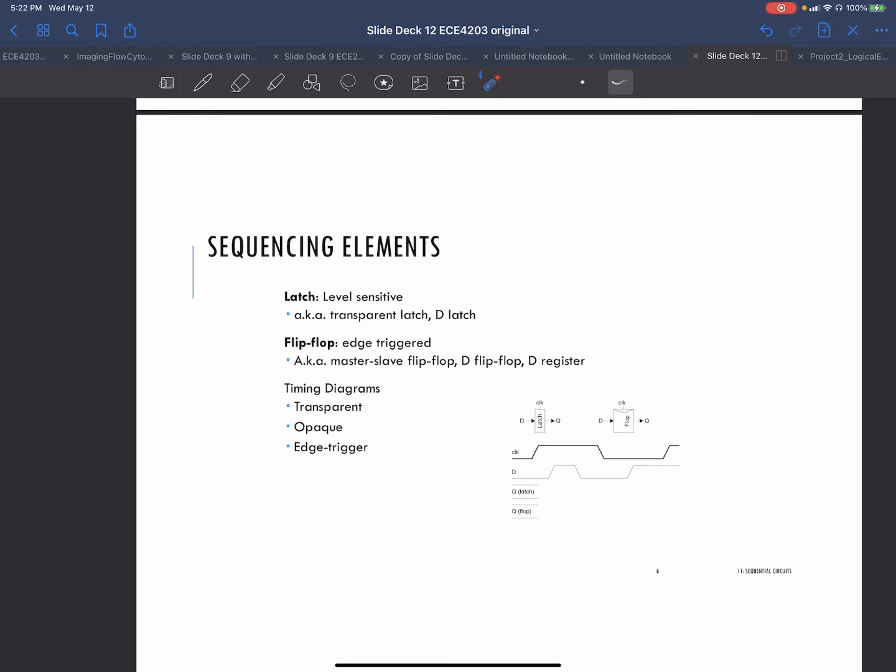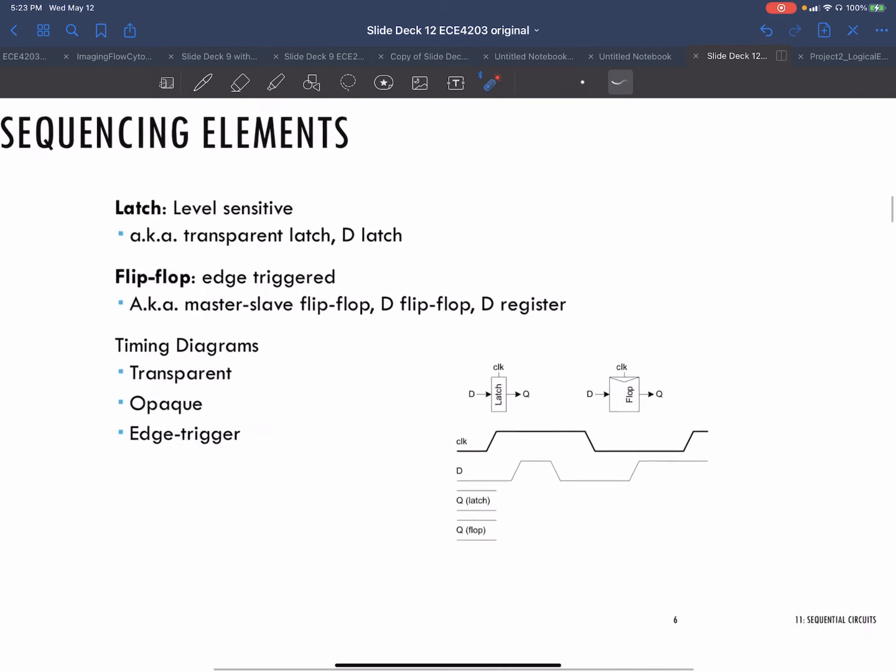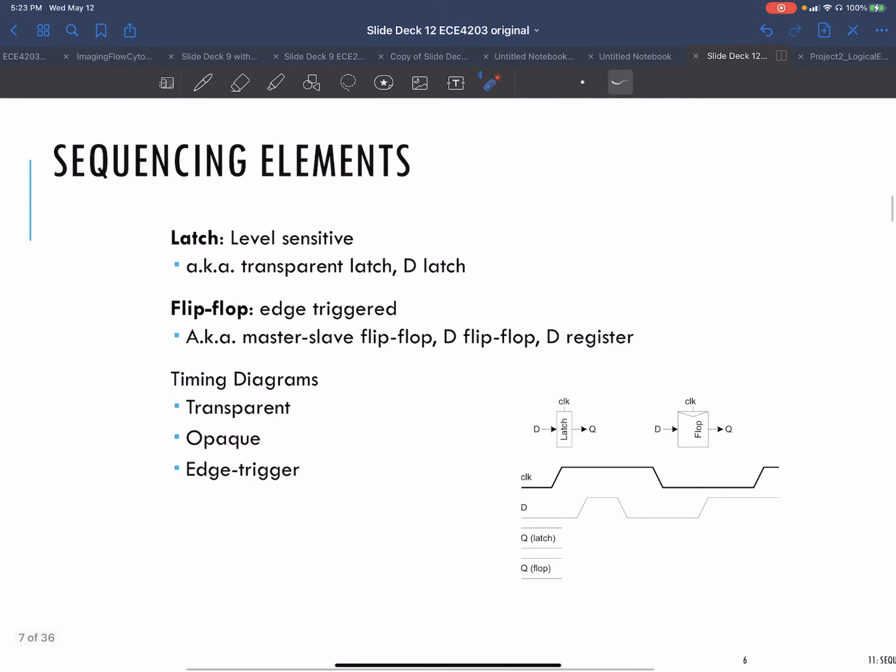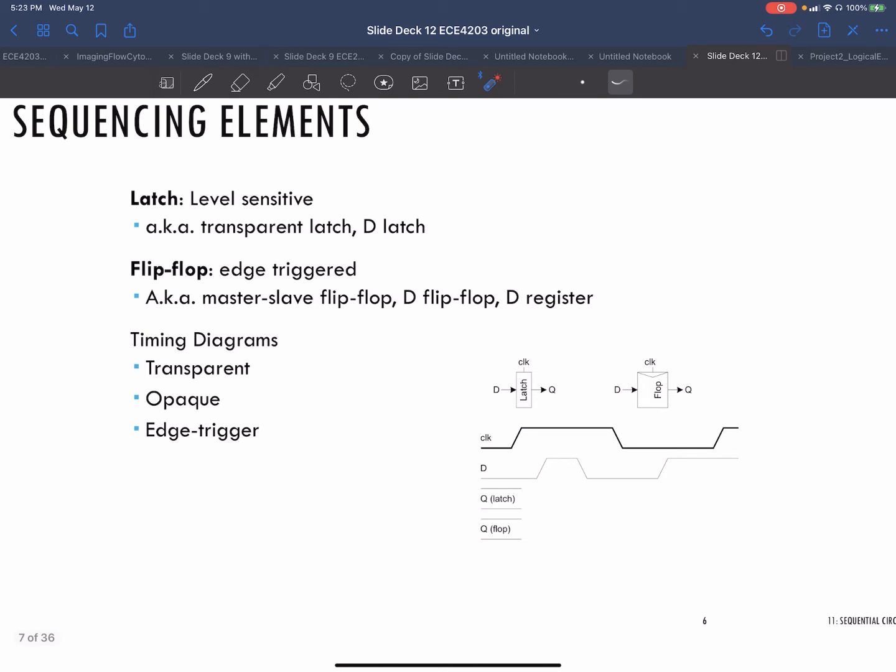Okay, so the first thing is, I don't know how much experience you have had in your logic design classes, or maybe you've done Verilog, etc. There are two kinds of sequencing elements: latches and flip-flops.